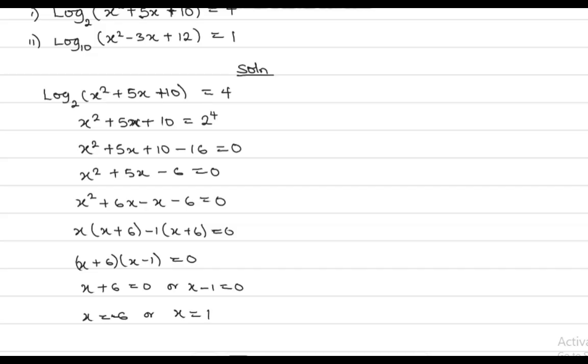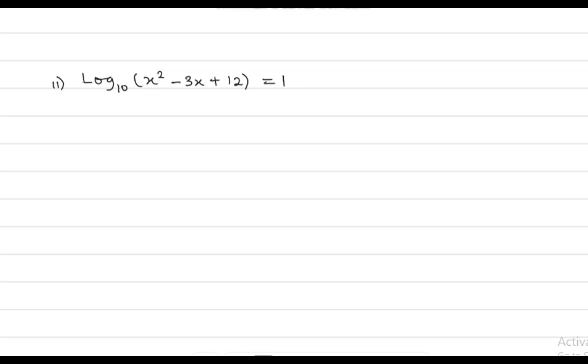And so for the second question, for this same step, convert to index form. So we have x squared minus 3x plus 12 is equal to 10 raised to power 1.